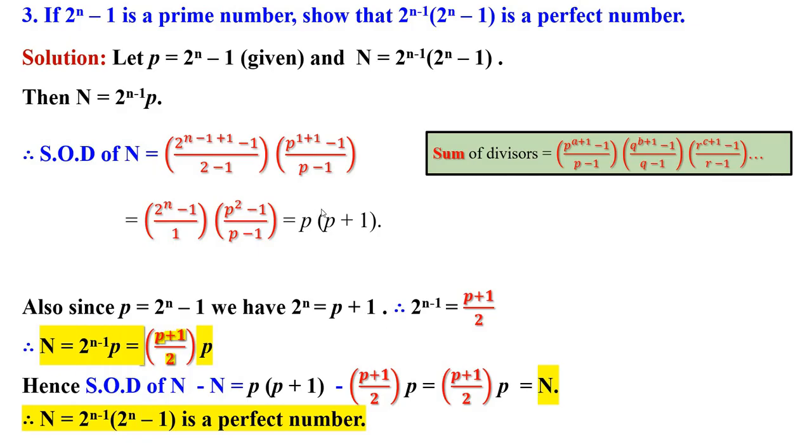Here p plus 1 by 2 is 2 power n minus 1, and this p is nothing but this. So we are getting p into p plus 1 by 2 as n itself. The sum of divisors of n minus n gives back n, and therefore our n is a perfect number.